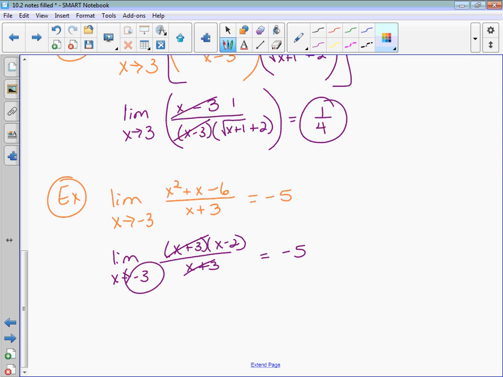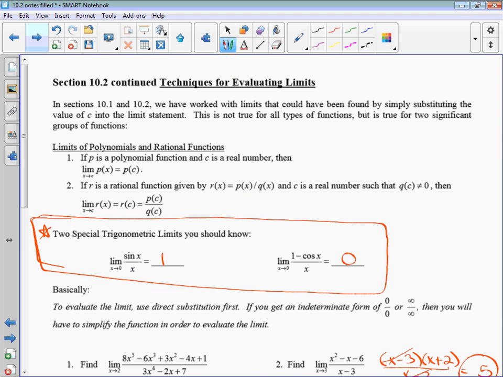Okay, so guys, find the page in your packet that says 10 continued, techniques for evaluating limits. Looks like this page.